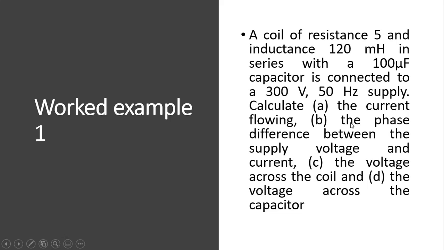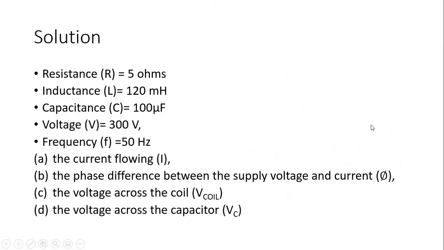So as we always do, we list what we have, and from there we proceed to what we don't have. We are given the resistance, which is 5 ohms. We are given the inductance, which is 120 millihenry, sorry. We are given the capacitance, which is 100 microfarad.